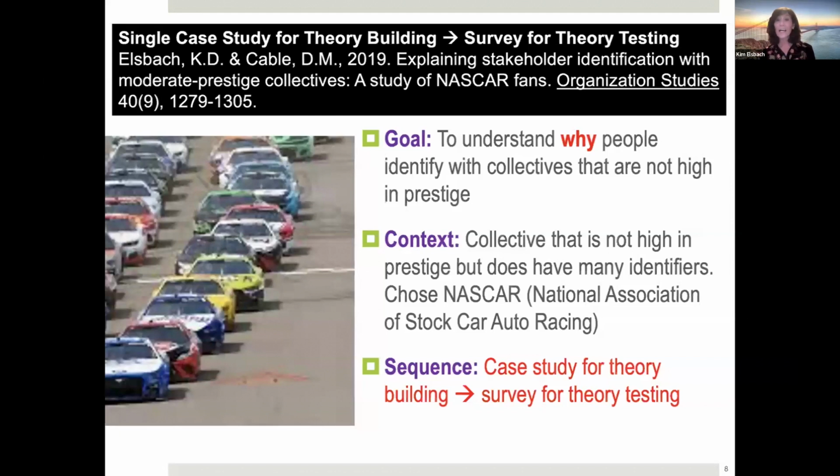So I did a very in-depth qualitative case study of NASCAR fans trying to understand why they identified with the collective. And then a very large-scale survey to test some of the reasons why and compare that to prestige reasons. So again, this was the sequence of a single case study and a large-scale survey.